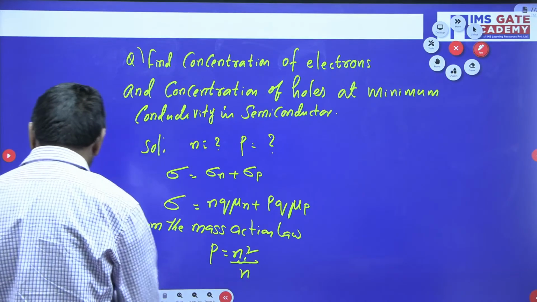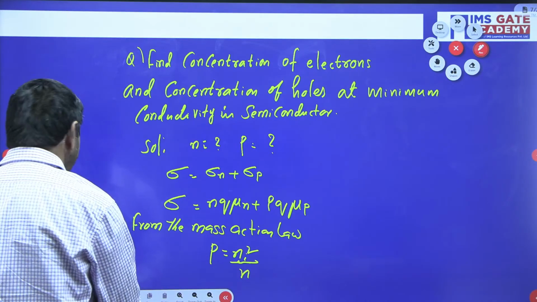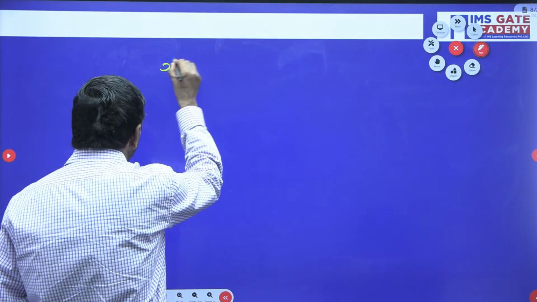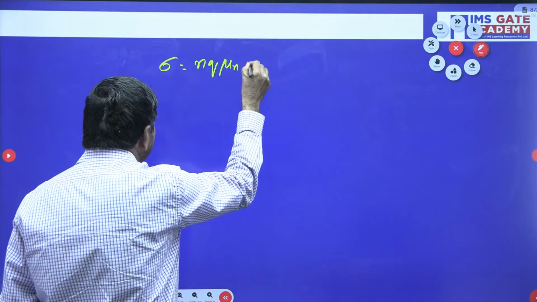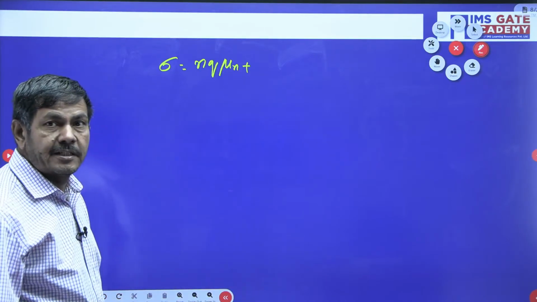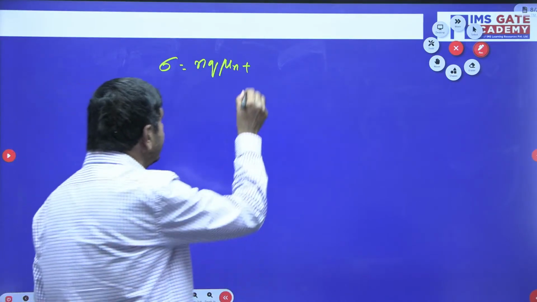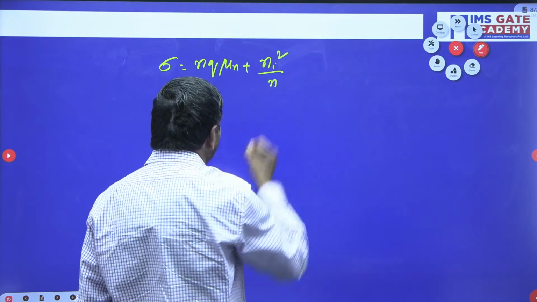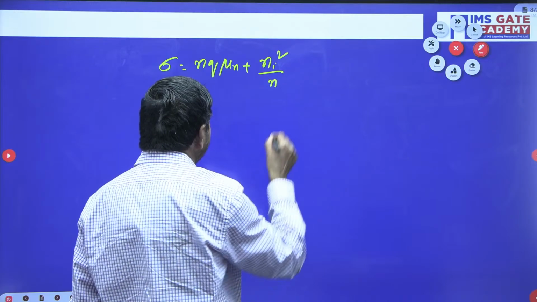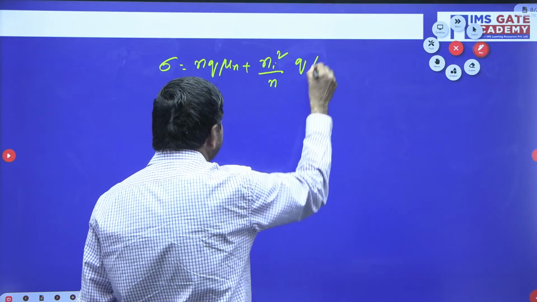Sigma equals n into q into mu n, plus, since initially I want to find the concentration of electrons and p is Ni square by n, Ni square by n into q into mu p.